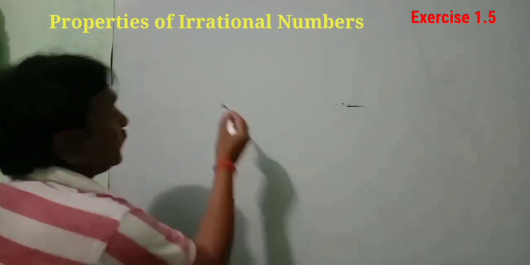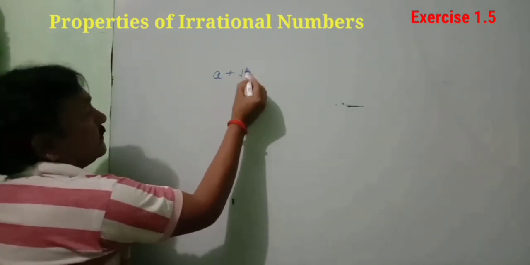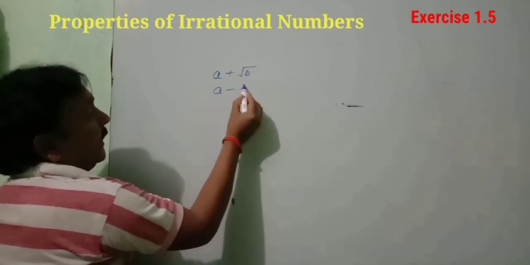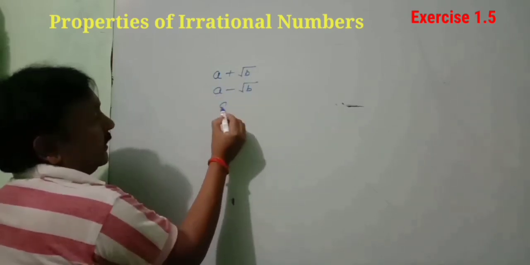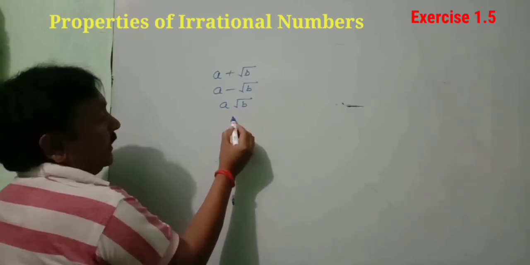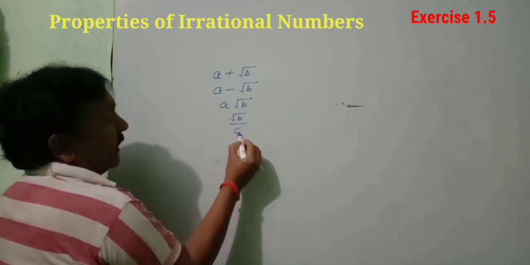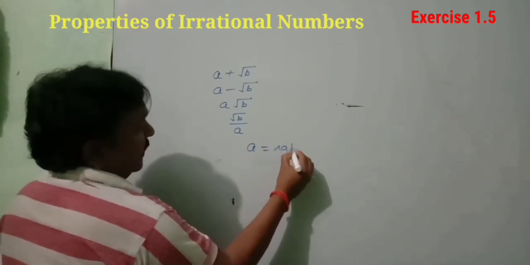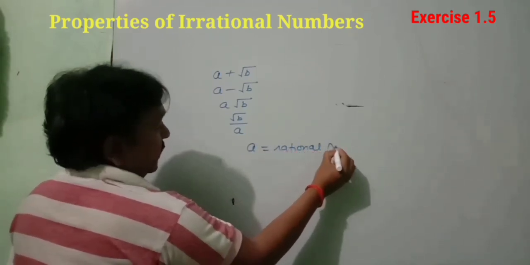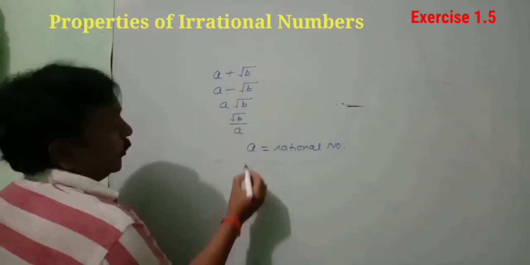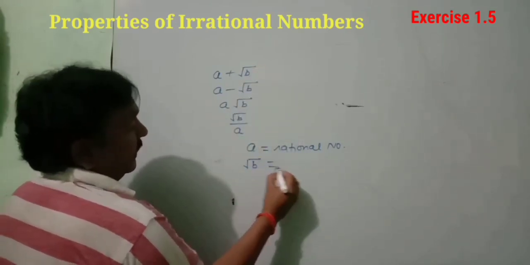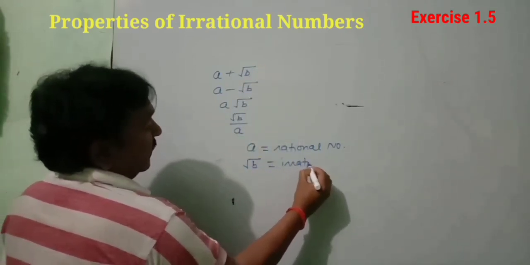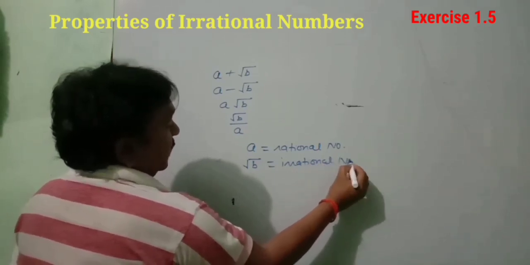Like this: a plus root b, a minus root b, a root b, root b divided by a. In this, a is a rational number, and this root part, root b, represents an irrational number.